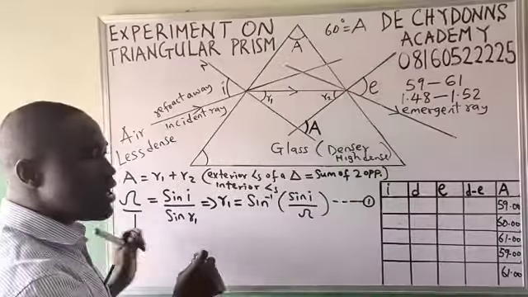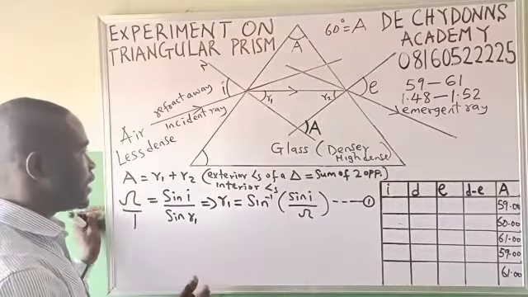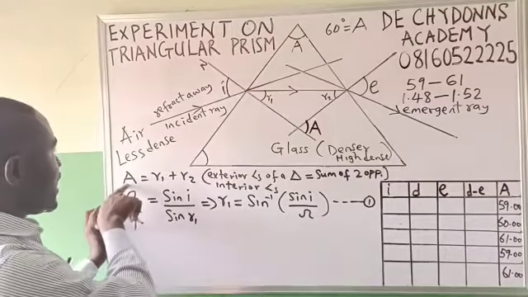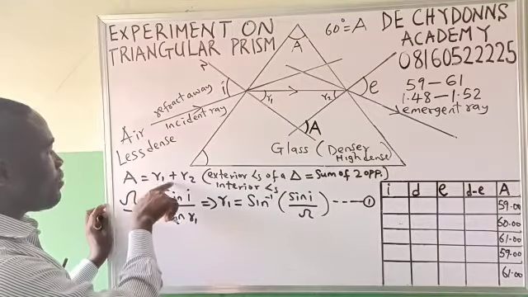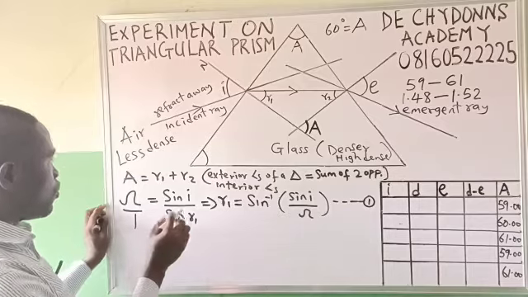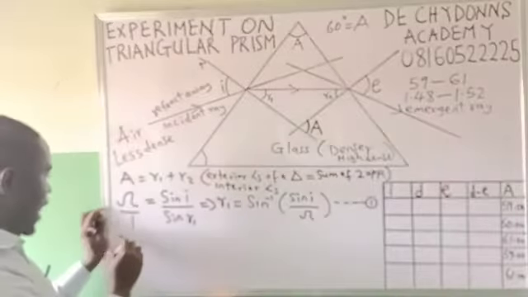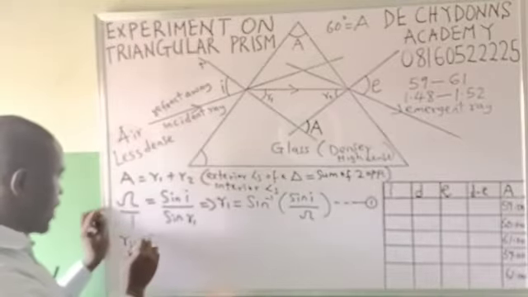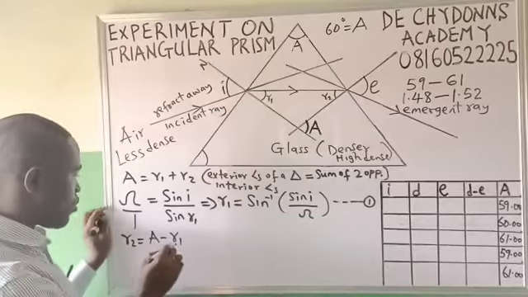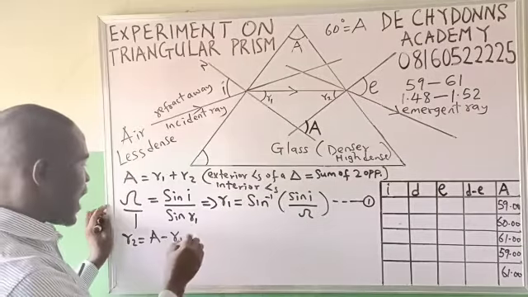Another thing we have to note is, since A is equal to R1 plus R2, it means that R2 will be equal to A minus R1. And what is our R1?